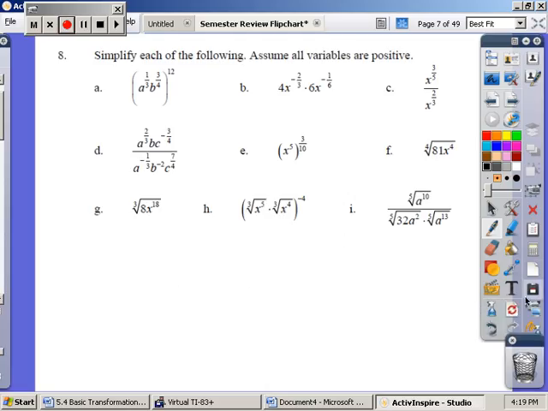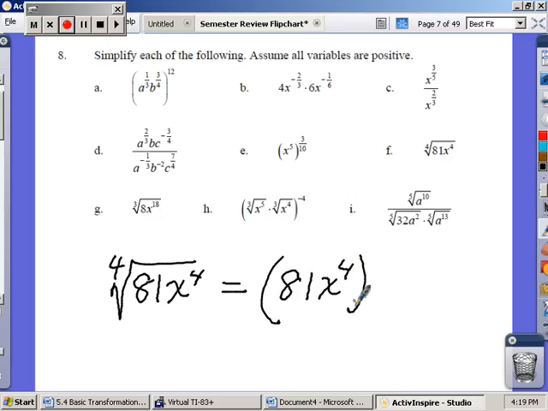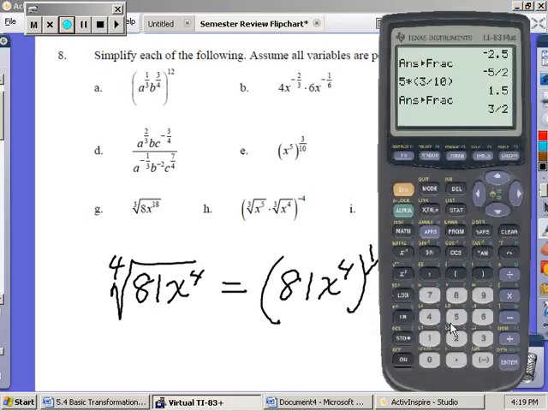Letter F. The 4th root of 81x to the 4th. Rewrite as 81x to the 4th to the 1/4 power. Go to your calculator. 81 caret parentheses 1 divided by 4 parentheses equals 3.